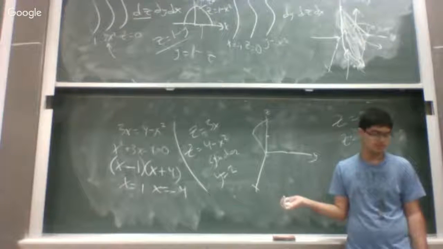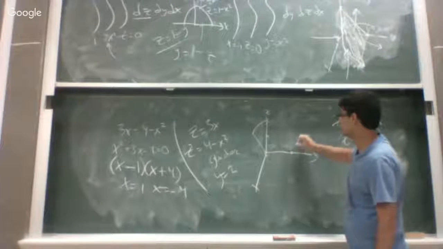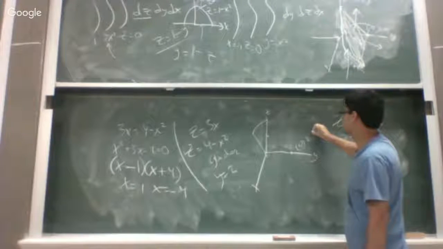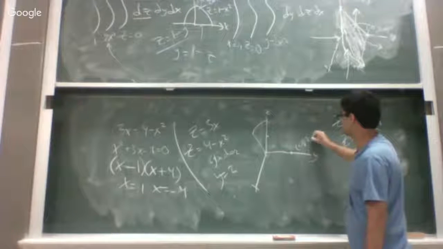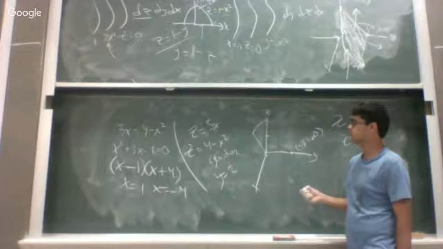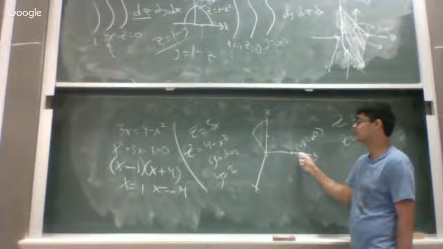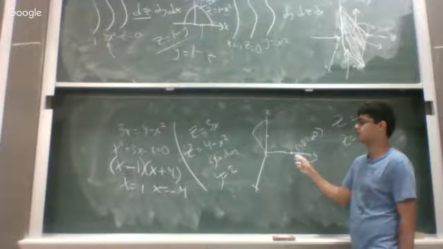Y equals 2. That means this figure is maintained until we get to 0, 2, 0. If y equals 2, then how can you have anything that's not at y equals 2? How can I have stuff on the xz plane where y equals 0? We don't have any y stuff on there.